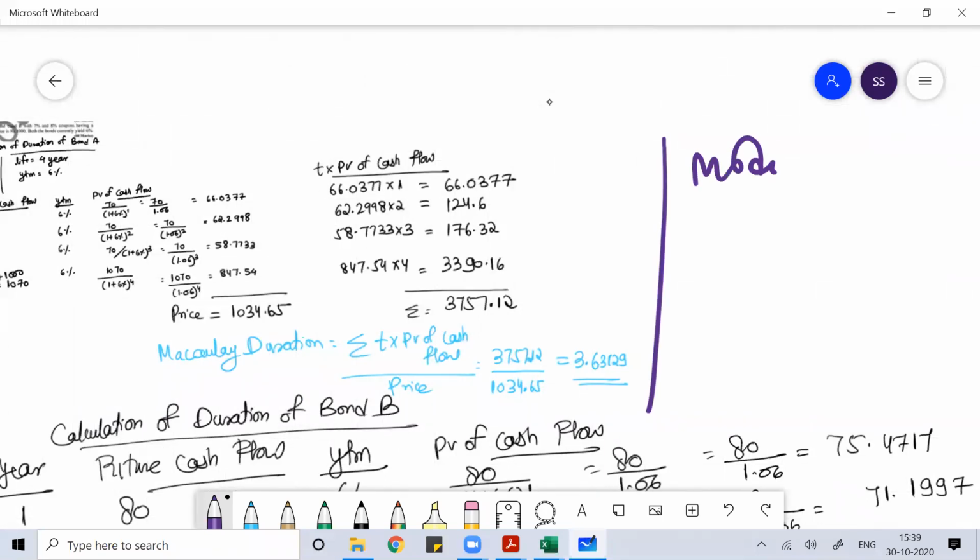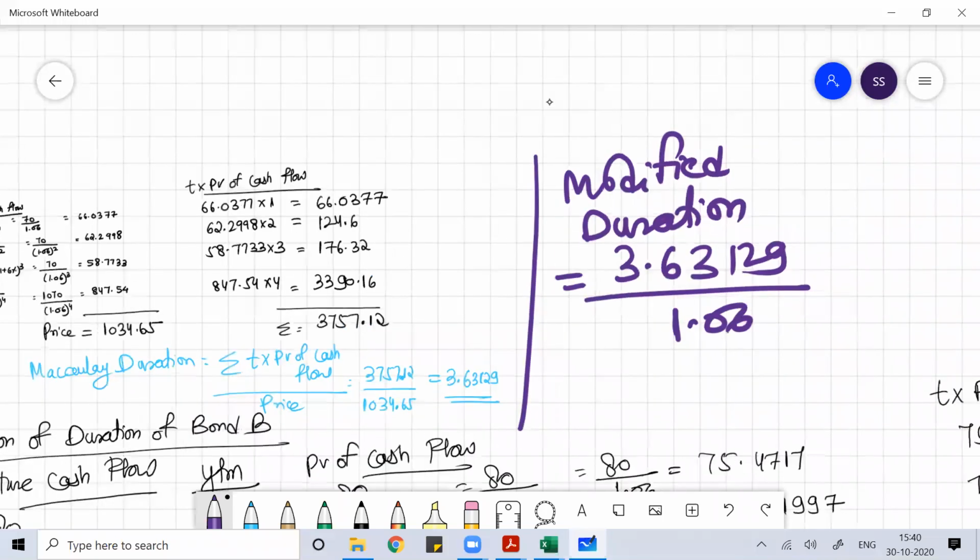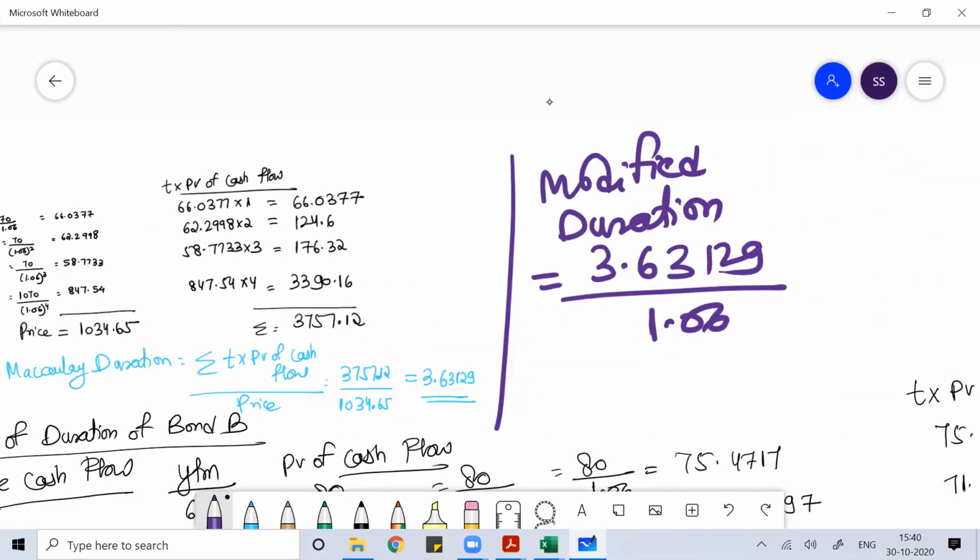Similarly, if you want the modified duration for this, it would be 3.63129 divided by 1.06.